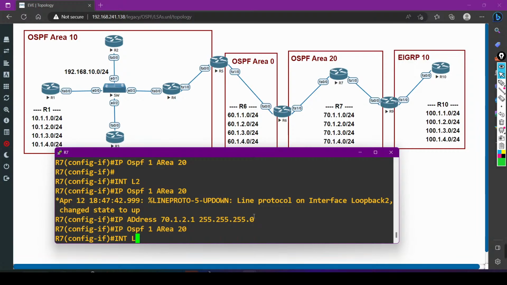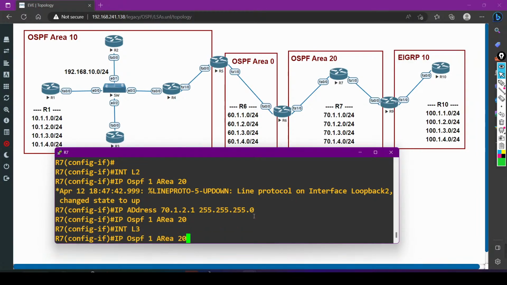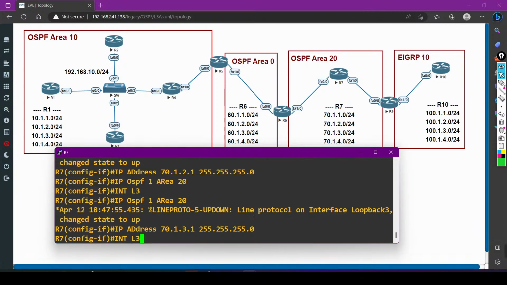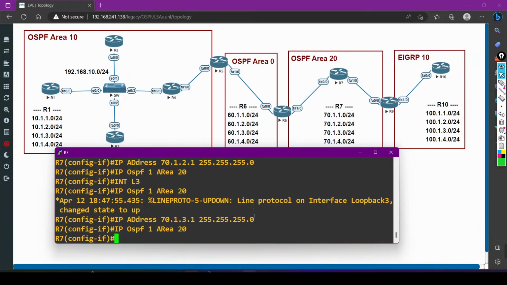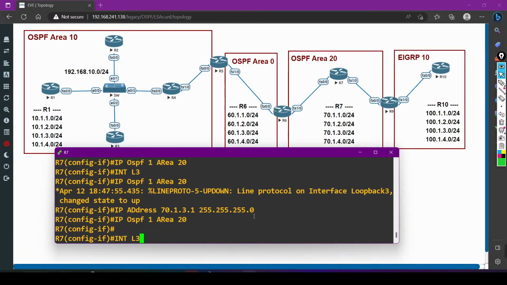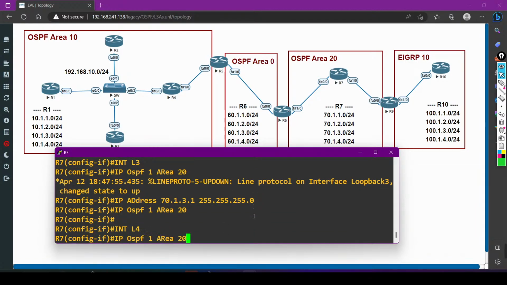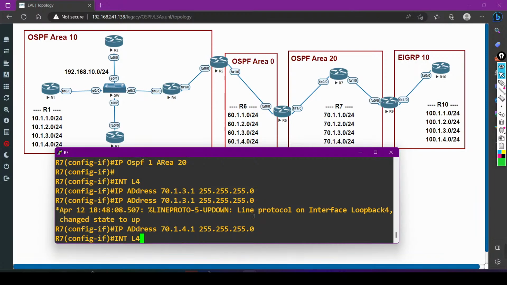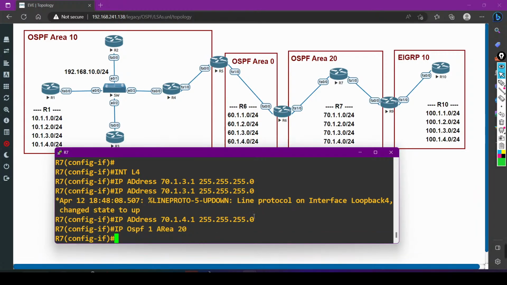Interface loopback 3, IP address 70.1.3.1 and IP OSPF 1 area 20. Here loopback 4 also, 70.1.4.1 and IP OSPF 1 area 20.